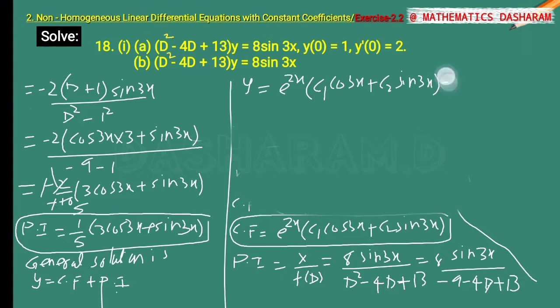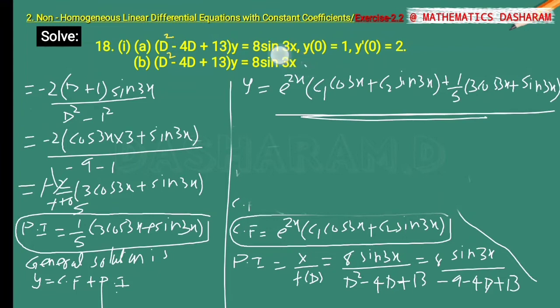Next, the particular integral is 1 by 5 bracket of 3 cos 3x plus sin 3x. So this is the answer for the B question.